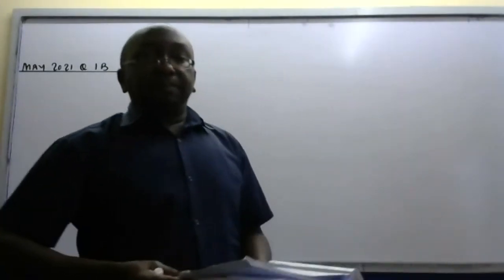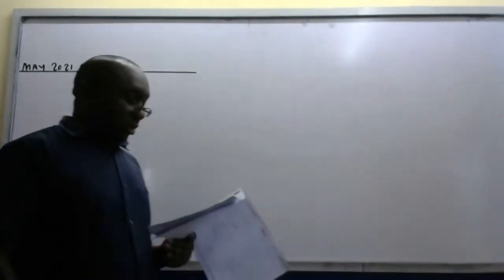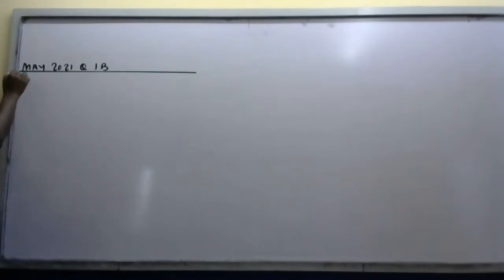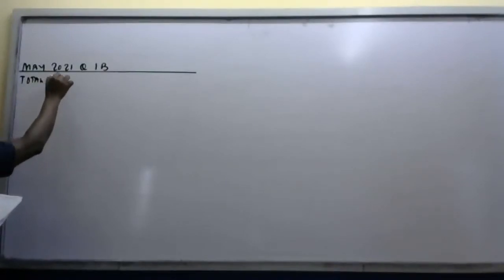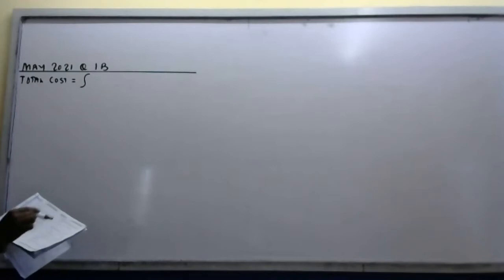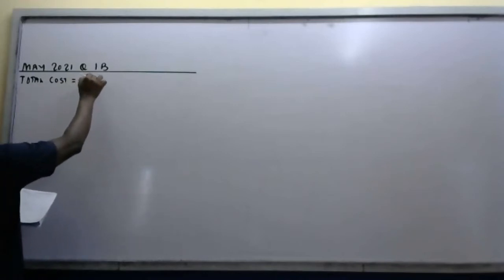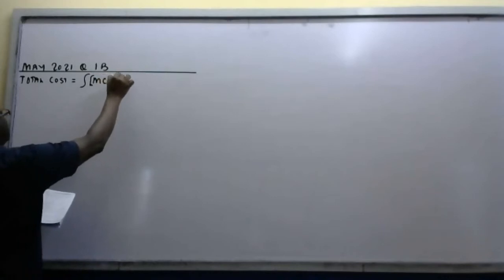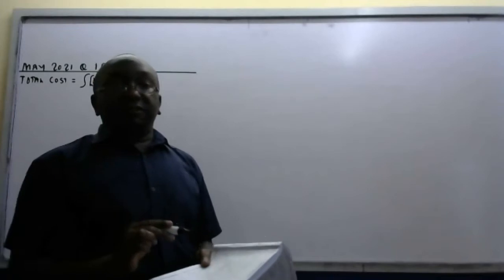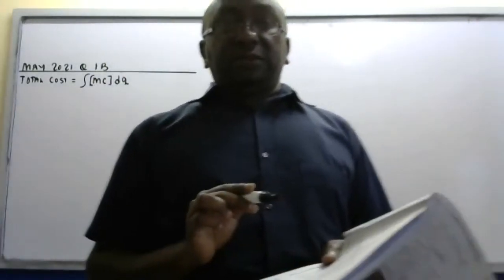So the first thing, we are given a marginal cost. When you are required to get total costs, it is the integration of the marginal cost with respect to Q. Integration is the reverse process of differentiation.